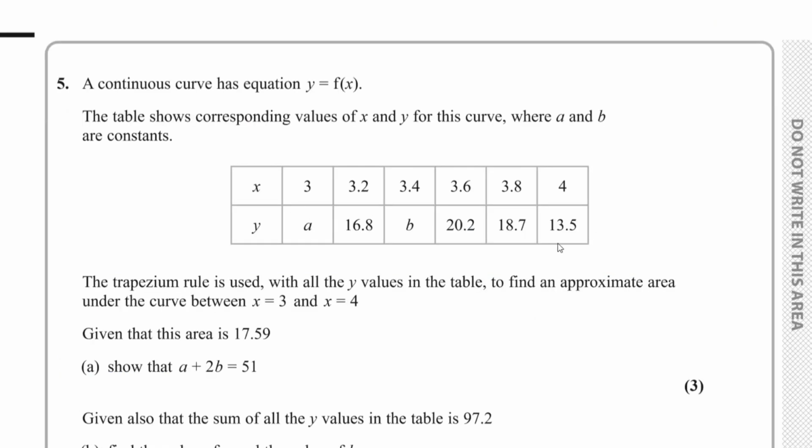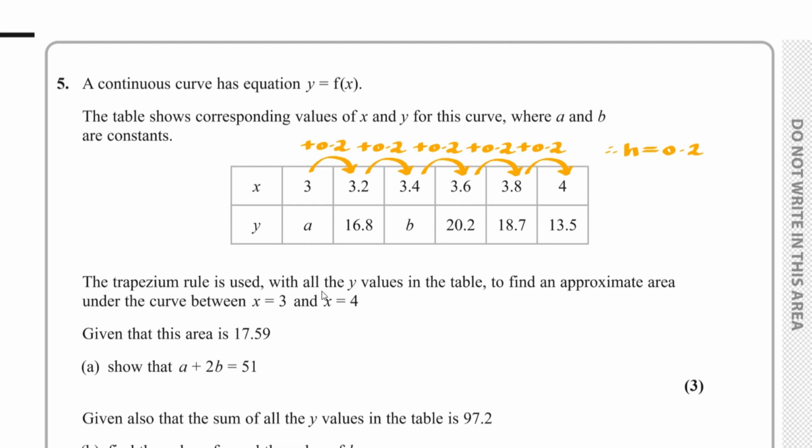So, let's find out what h is. From 3 to 3.2, we had 0.2. From 3.2 to 3.4, we had 0.2. From 3.4 to 3.6, we had 0.2. From 3.6 to 3.8, we had 0.2. From 3.8 to 4, we had 0.2. So therefore you can see h is equal to 0.2.